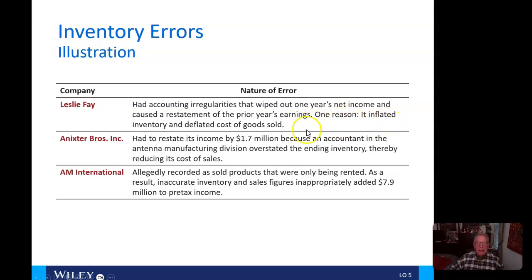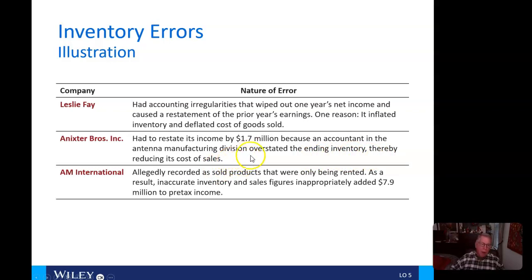It inflated its inventory and deflated the cost of goods sold. Here, Acctg Brothers had to restate its income by 1.7 million because an accountant in the antenna manufacturing division overstated the ending inventory, and that reduced the cost of goods sold.